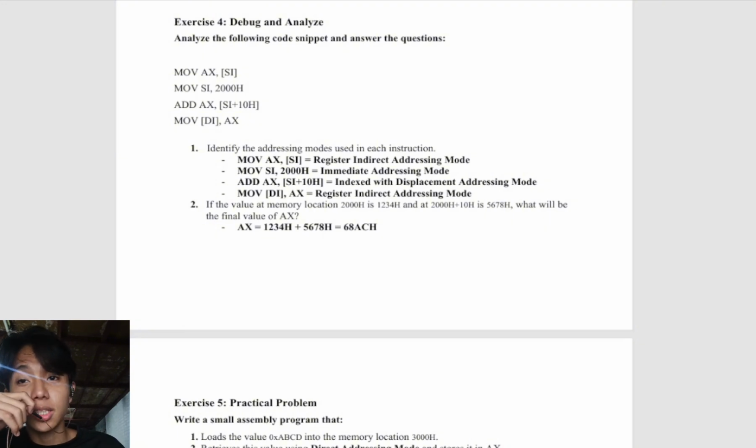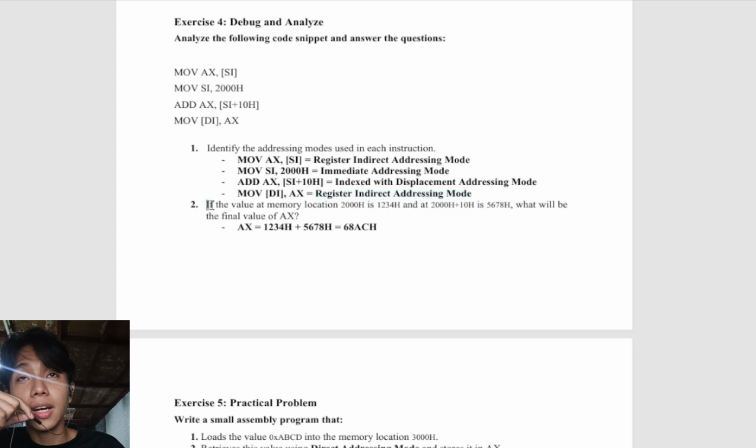It's indexed with displacement, so the answer is indexed with displacement addressing mode. And lastly, MOV [DI], AX is register indirect addressing mode, because DI holds the address.